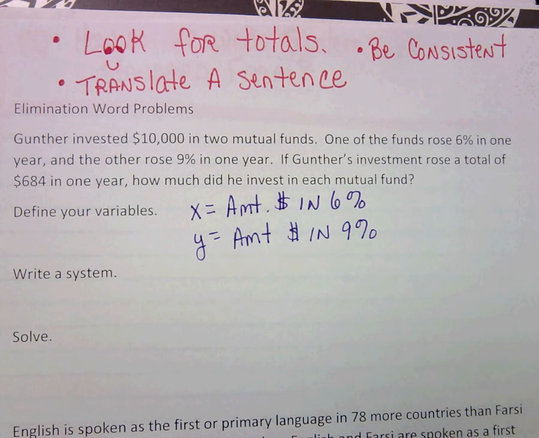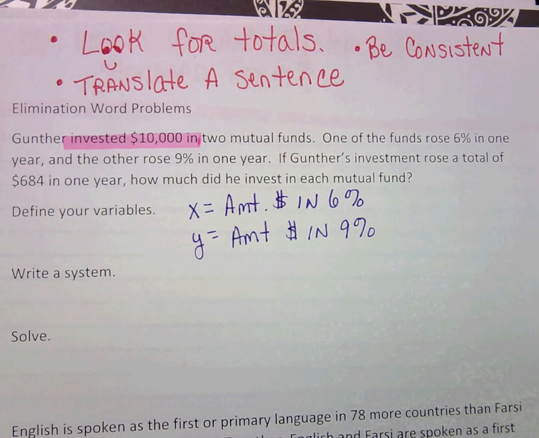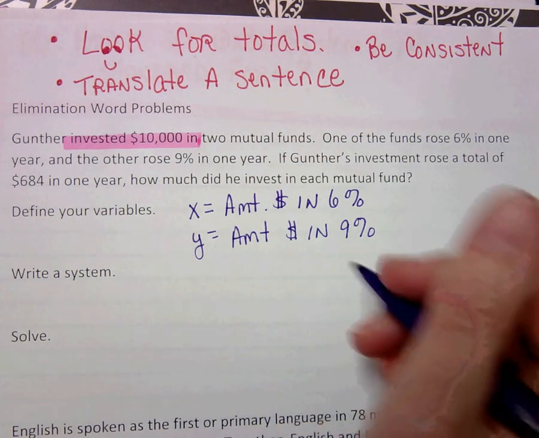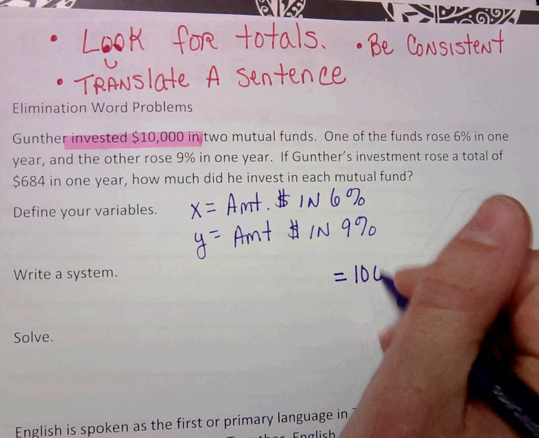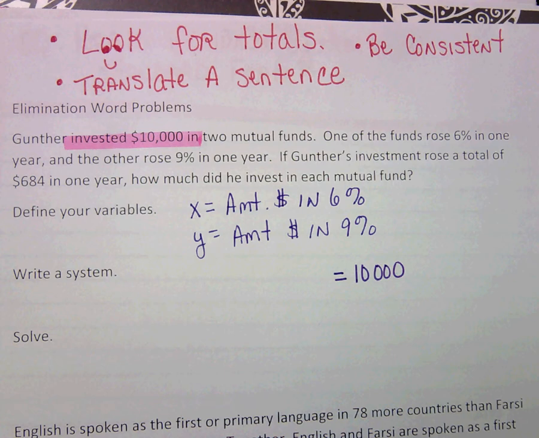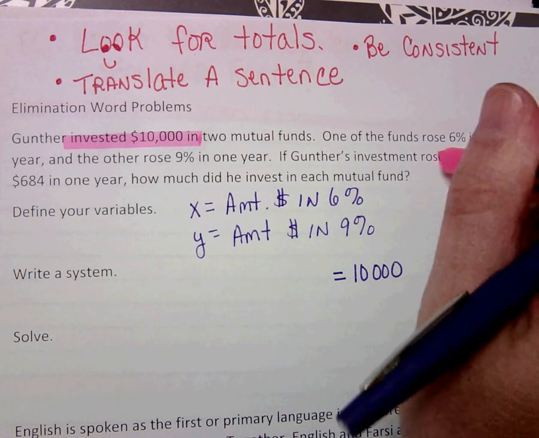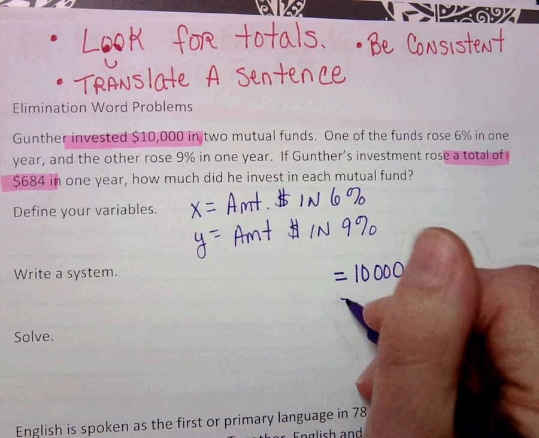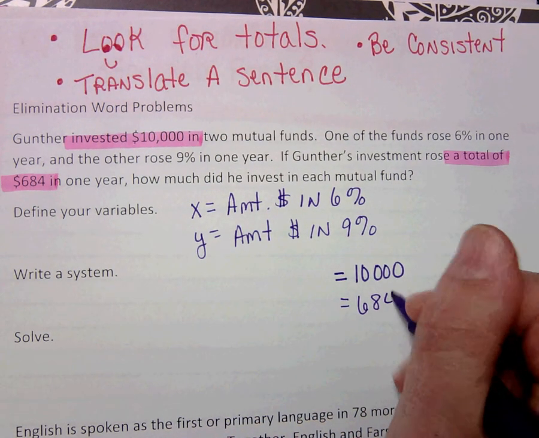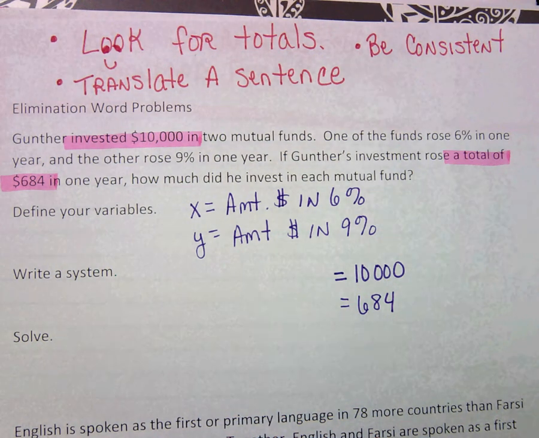I want you to see here that it says he invested $10,000 in two funds. And so that is going to be one of our totals, that he invested $10,000. The second total we see here is that his investment rose a total of $684. So once he invested it into the two accounts, that's how much money we have.